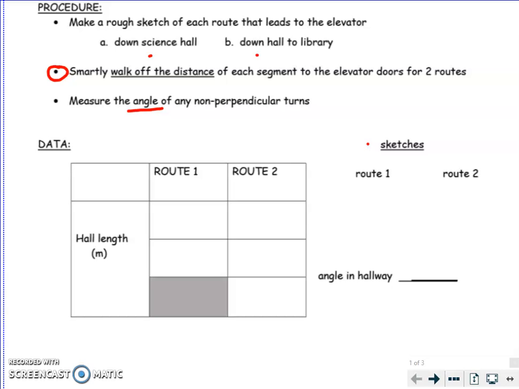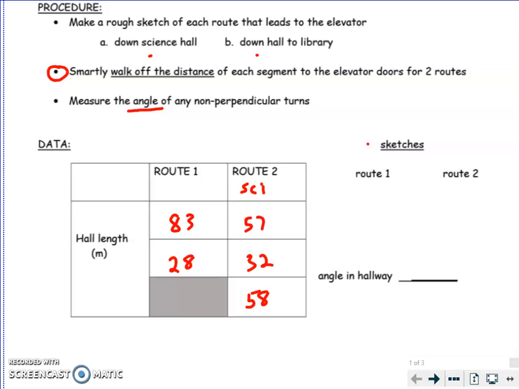If we measure the different segments for that, the first segment is a long segment, and that's 83 meters. Then we make a turn, and we measured it to be 28 meters. If we go down Route 2, which is the science hallway, there are 3 segments there: a 57-meter segment, then a 32-meter segment, and then lastly a 58-meter segment.